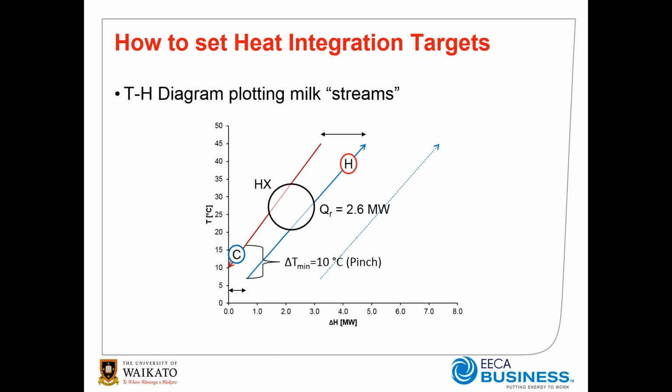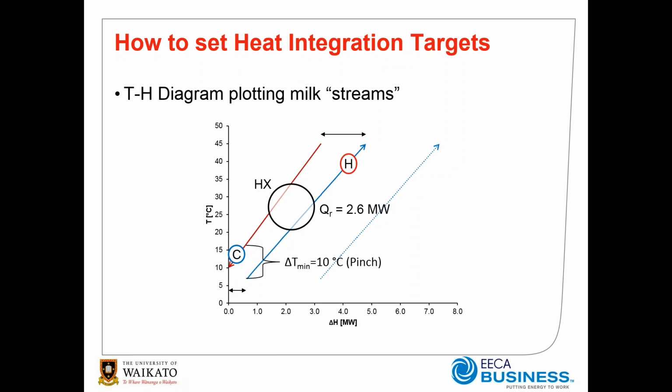At the two extremes of the hot and cold streams, we still need the heaters and the coolers. And you'll notice there I've identified that down the bottom of the heat recovery heat exchanger there's an approach temperature of 10 degrees. That is also the minimum approach temperature. We often call this point the pinch, and we'll talk a little bit about why that's the case and what the use of that is.